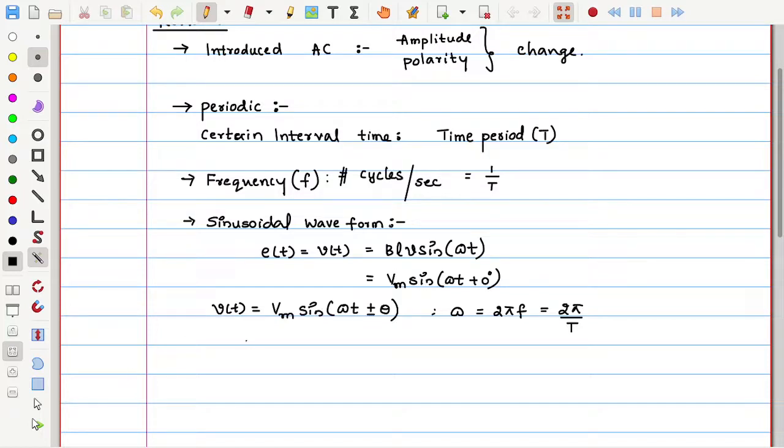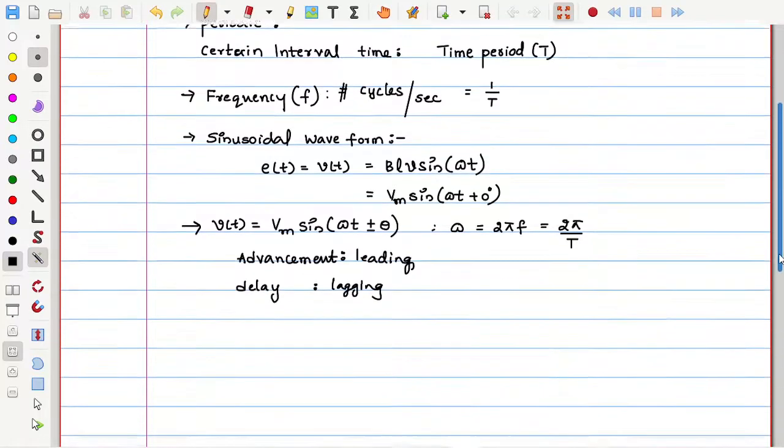That we stated in the last session: advancement or delay. If it is delay, it represents lagging. If it is advancement, it represents leading. These are the terminologies which we introduced in the last session, and once again refer back to those waveforms and try to get a clear idea about these leading and lagging concepts.